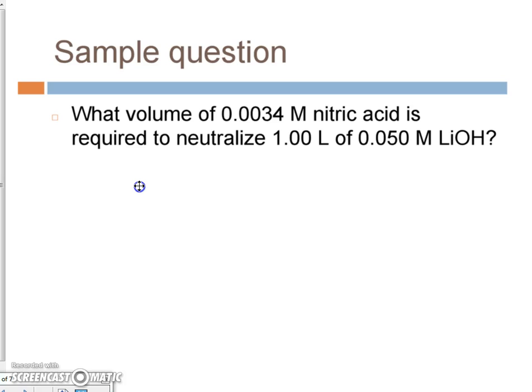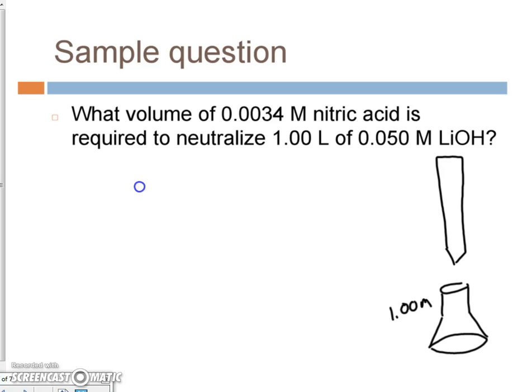It looks the exact same. So we have our burette here, have our Erlenmeyer flask. This one looks fancier. Inside our Erlenmeyer flask, it says we have 1.00 molarity and that there is 1 liter, so it's a big flask.